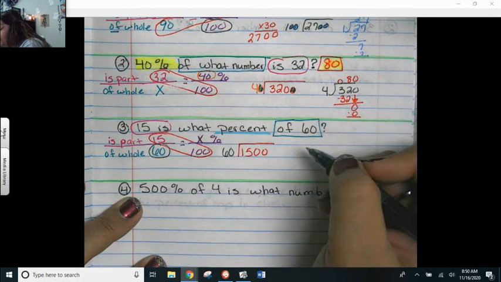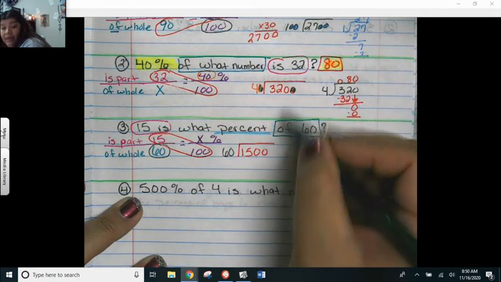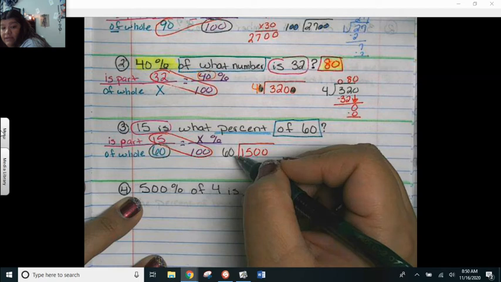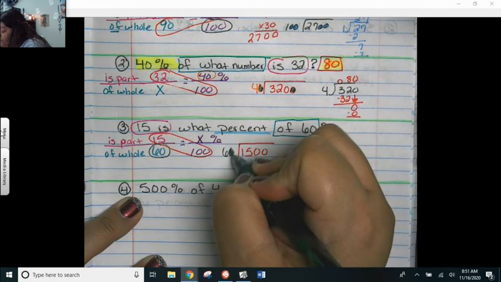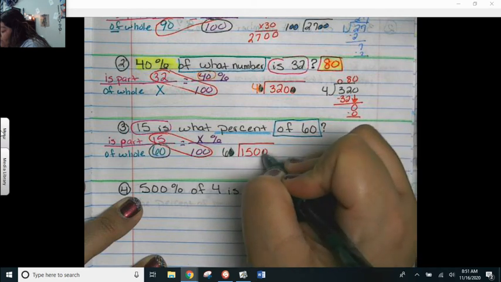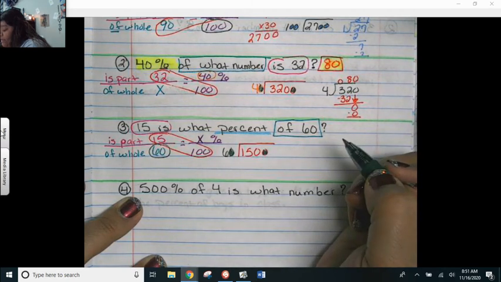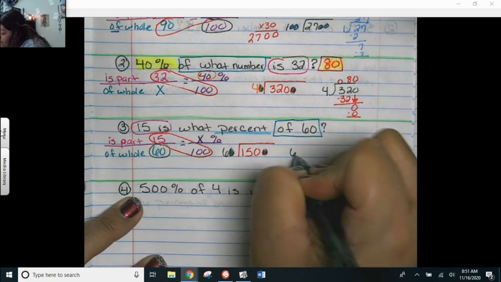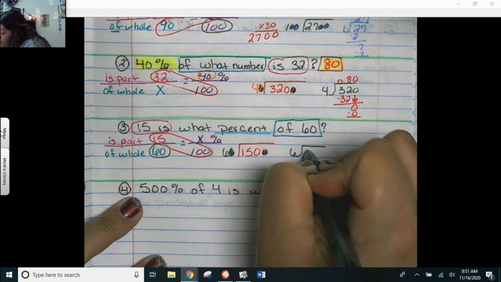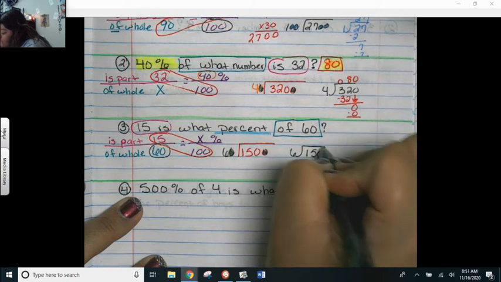If you want to do the shortcut, like we did up here, I see a 0 on the outside and I see 2 zeros on the inside. I can take 1 zero from outside and 1 from inside. That's it. So what we are really dividing is 6 divided into 150.